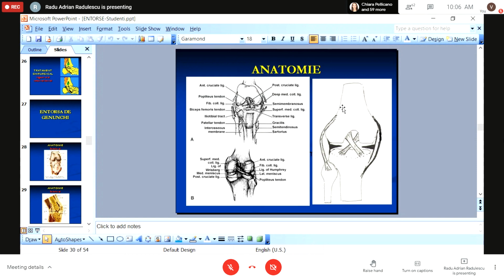It has a flexion of about 120, 130 maybe degrees, yes? And the flexion is accompanied by a slight internal rotation of the joint because the two femoral condyles are not equal in size.